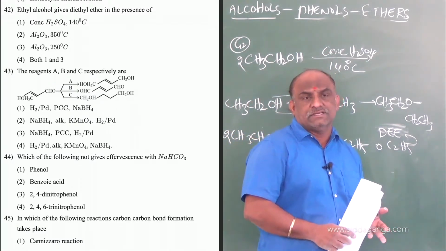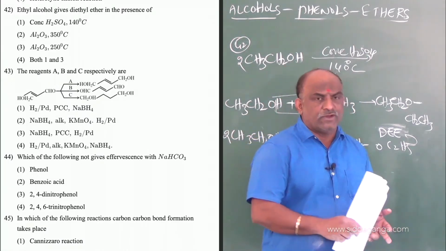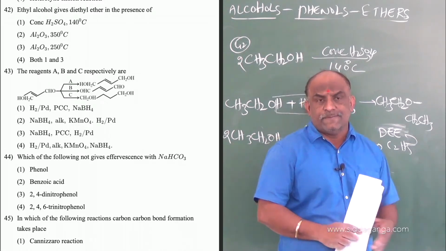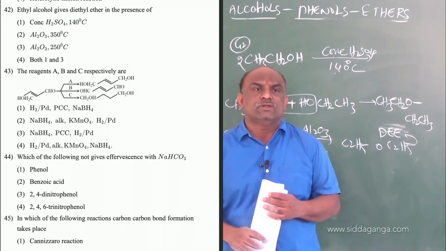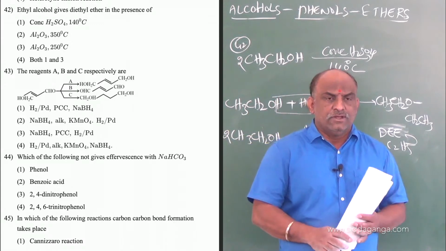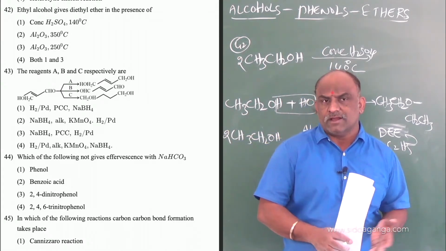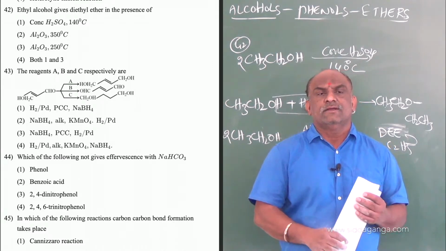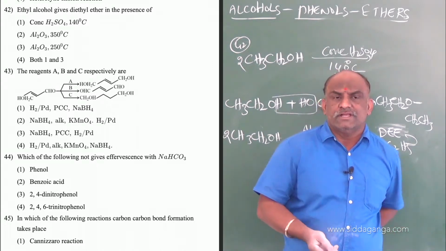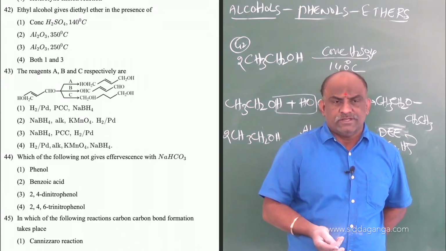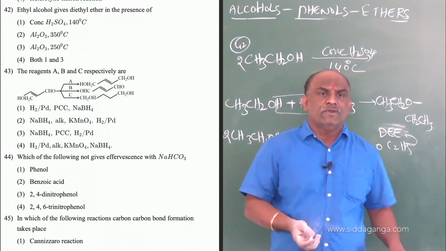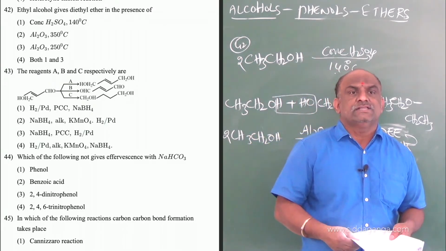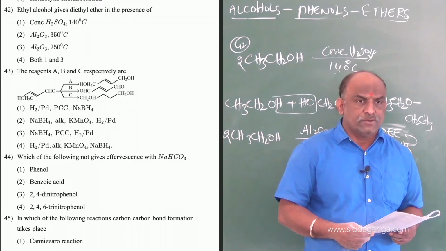Already in the synopsis class I said Al2O3, H2SO4, H3PO4, P2O5 are said to be dehydrating agents, and the product formed follows the Saytzeff rule: the double bond carbon containing more alkyl groups is more stable. If the dehydrating agents are thorium oxide and POCl3, the product formed follows the Hofmann rule, the opposite of the Saytzeff rule. This information was discussed in the theory class. So the answer is both 1 and 3; the fourth option is the right answer.